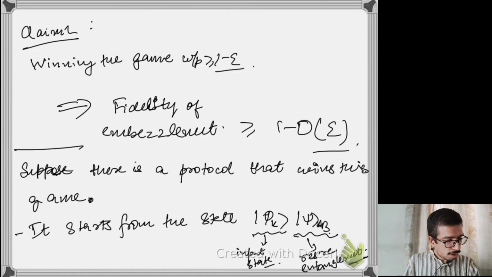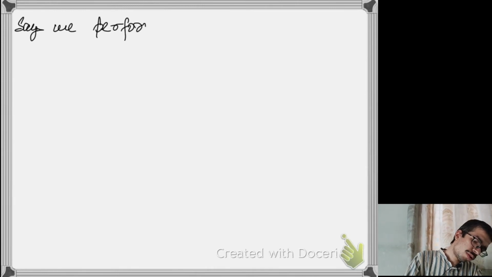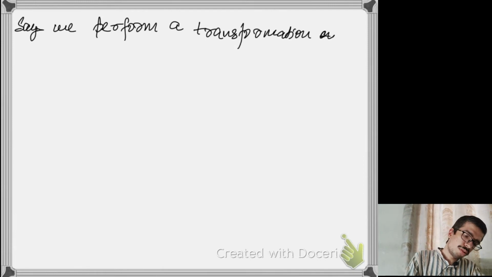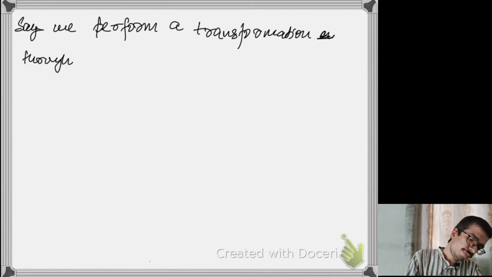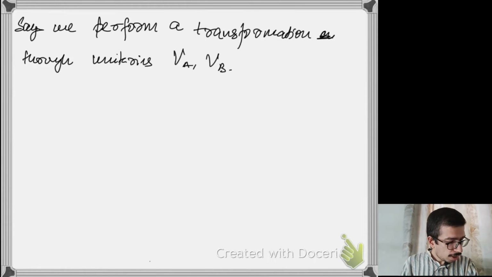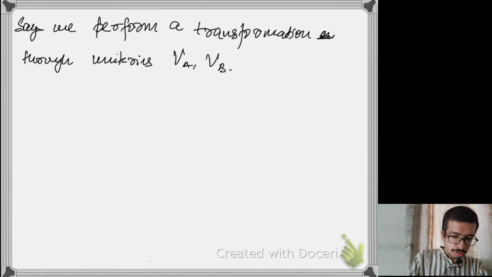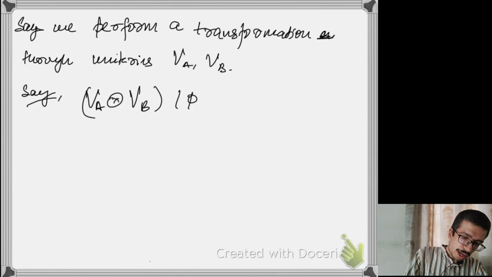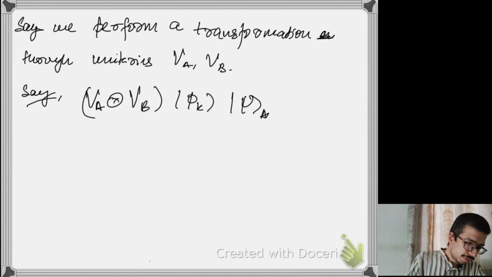Okay, so let's say we perform a transformation through unitaries V_A and V_B. So say V_A tensor V_B acting on |phi_k>|psi>_AB.